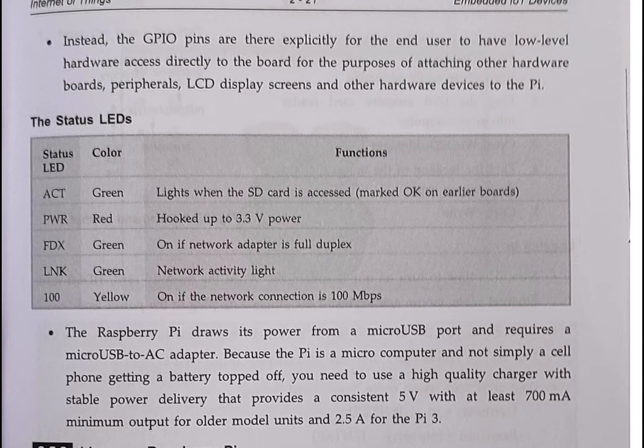If the FDX pin is green, the network adapter is full duplex, and if the LNK pin is green, then network activity is lit. If yellow, it is on if the network connection is 100 Mbps speed. So each color of LED indicates a particular thing, and this is how we use the LEDs for Raspberry Pi.